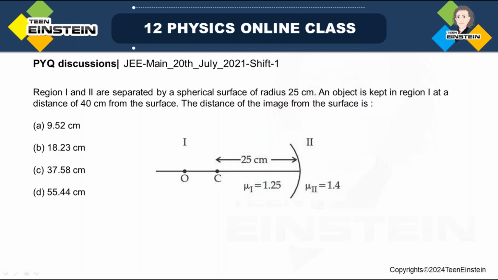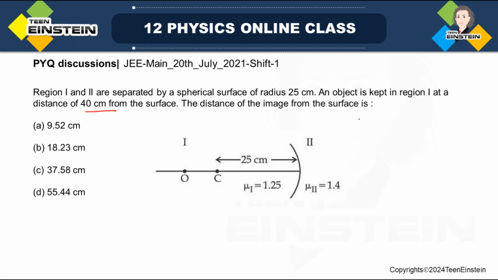This problem says the region 1 and region 2 are separated by a spherical surface of radius of curvature 25 centimeter. As you see here, an object is kept in region 1 at a distance 40 centimeter from the surface.